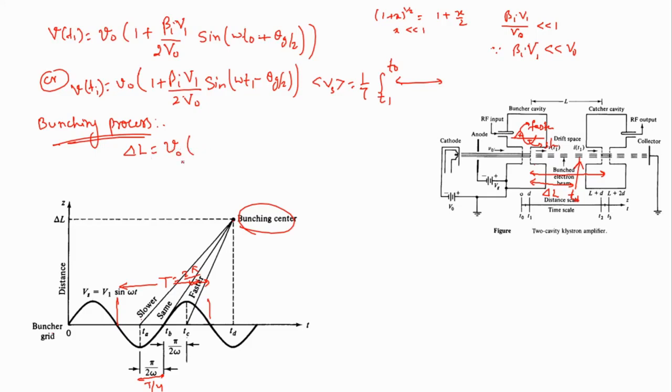So what should be the time taken by this electron to travel this delta L distance to the bunching center? This will be nothing but TD minus TB, because TD is from 0 to this point and TB is nothing but this. So TD minus TB will be the time taken by the carrier to travel to the bunching center. So this will be TD minus TB. Take this as equation number 1. This is for the unchanged velocity electron.